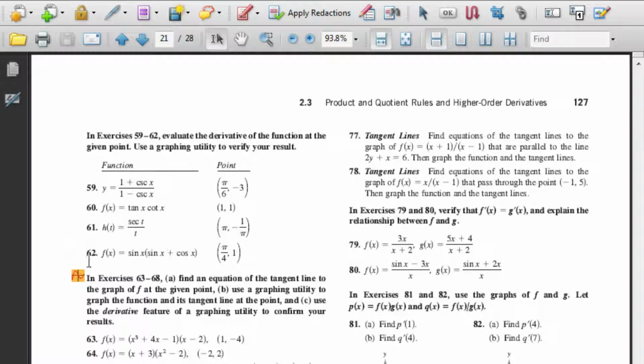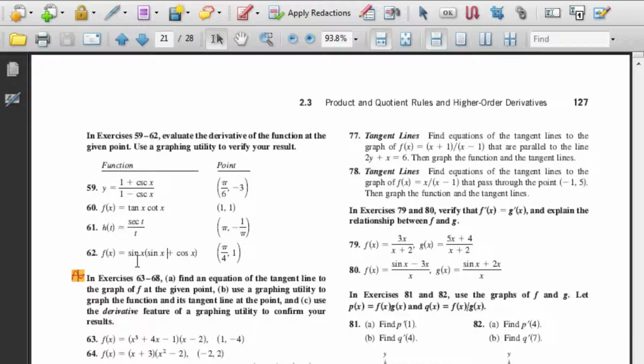Okay, so it says f of x is equal to sine of x times sine of x plus cosine of x. And it wants you to evaluate at pi over 4, 1.